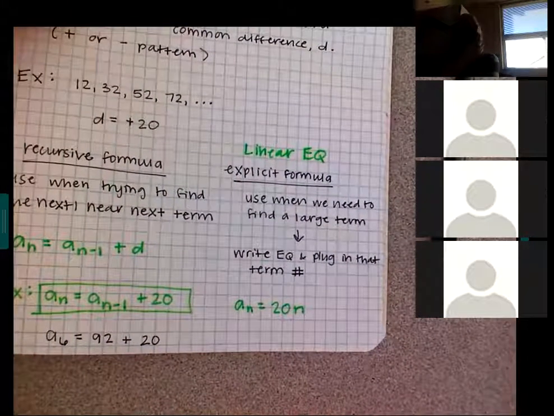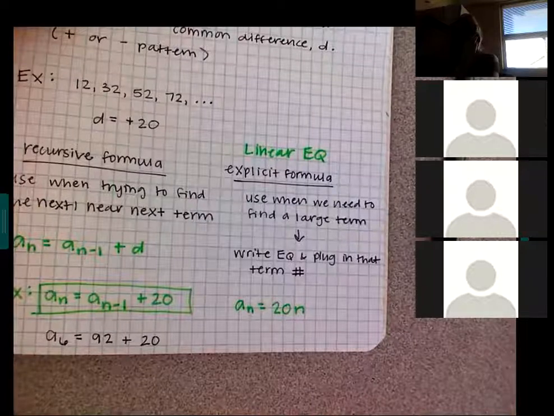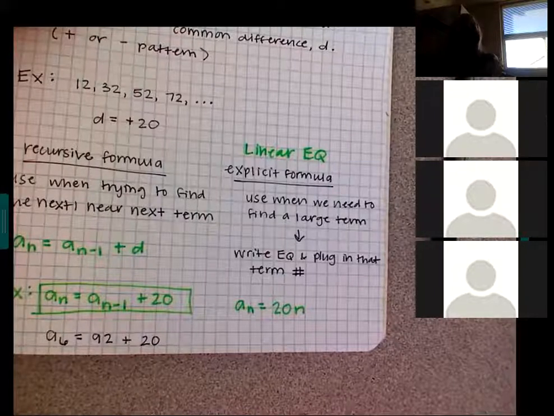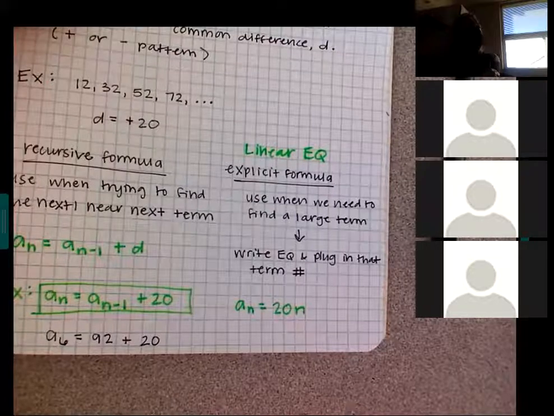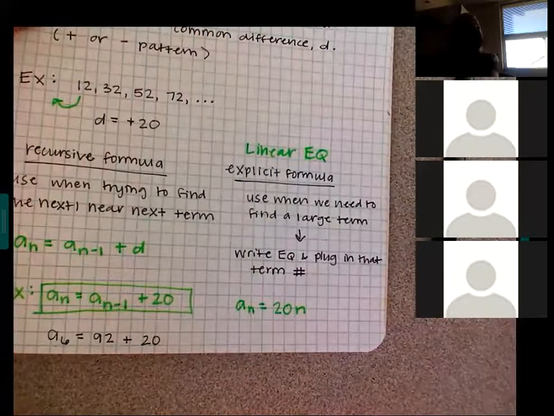And then what would the y-intercept be? Be careful. Not A1. A y-intercept is where the x is 0. So what would a sub 0 be in this sequence?